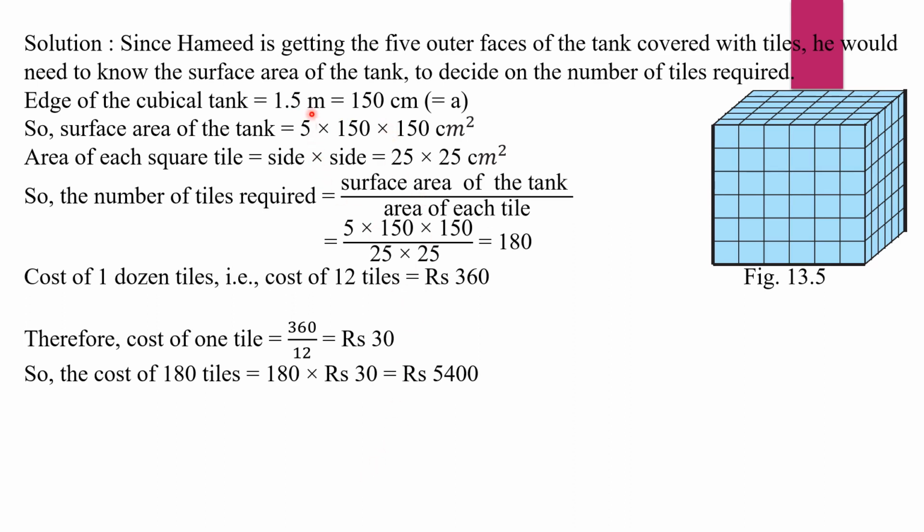Because here we are converting this meters into centimeters, because the length of the side of each tile is given in terms of centimeters. That is why we are converting this meters into centimeters. How many centimeters make 1 meter? Yes, 100 centimeters. 100 centimeters makes 1 meter.